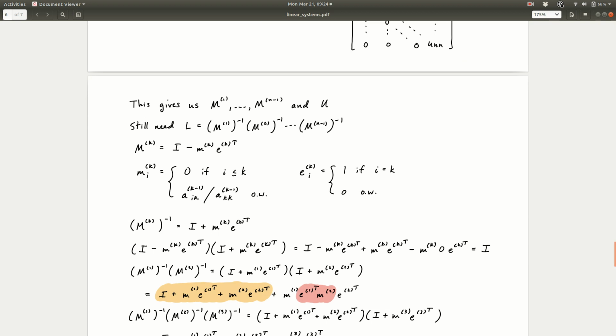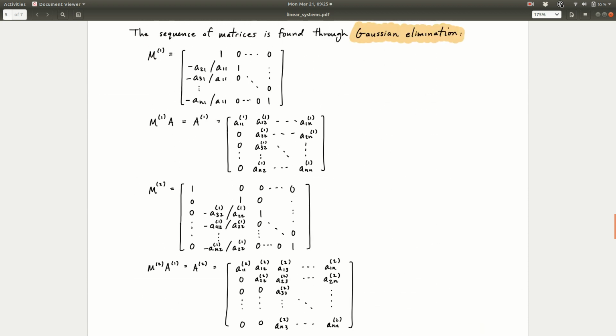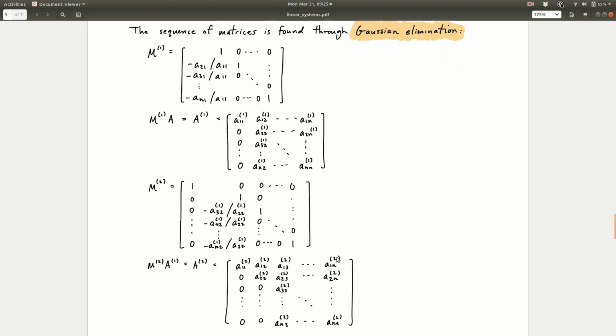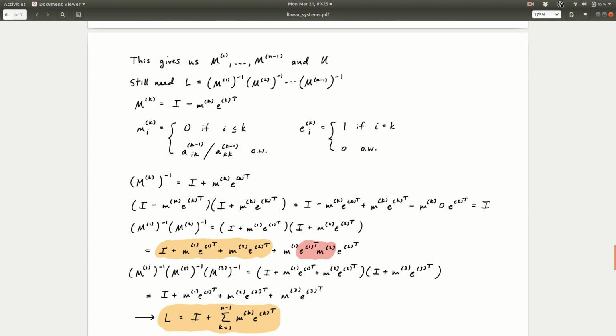All this means is that the kth entry is 1 and is 0 otherwise. You've probably seen this; it's sometimes called the unit basis in linear algebra. If we do mk times ek transpose, we get a matrix that's all zeros except for these entries down here. And you can see that if you do the identity matrix minus that matrix, you get exactly this matrix. Okay, maybe that's overcomplicated things, but it's written in this form.